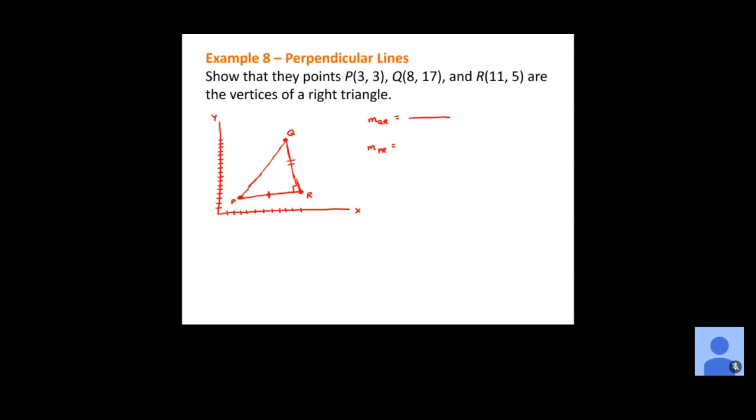So we're going to use the y2 minus y1. And again, I'm looking at Q and R first, so I want to find the slope of that line segment. So what numbers would I use here? Okay, so it is going to be negative 12. So we're going to take 5 minus 17 or 17 minus 5, whichever order you want to do that in is fine. And then if I do 5 minus 17, then what's the denominator going to look like if I subtract the x's here?